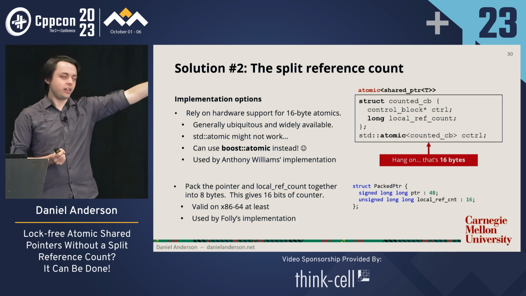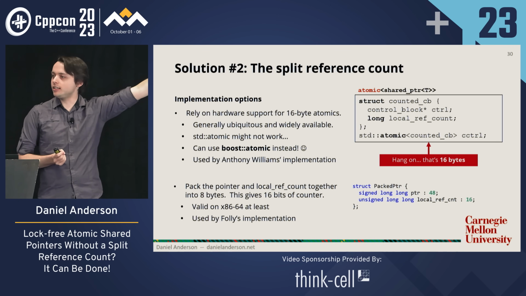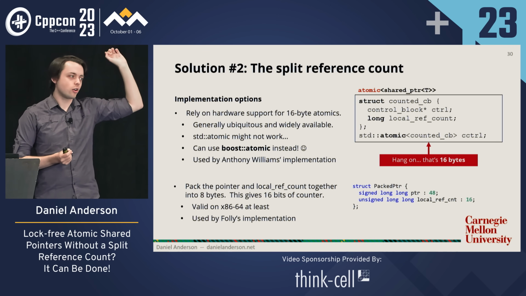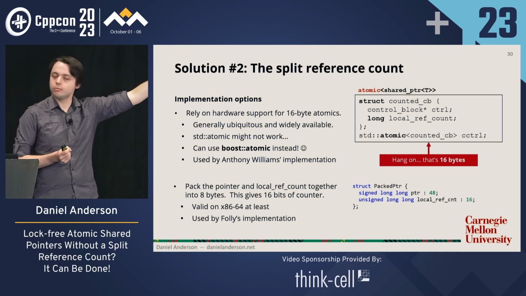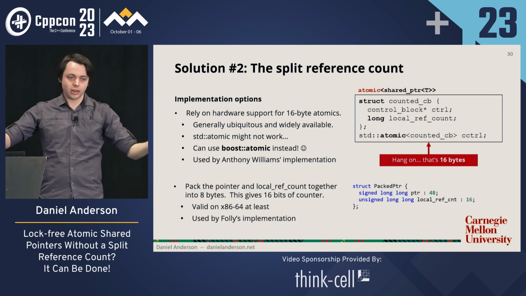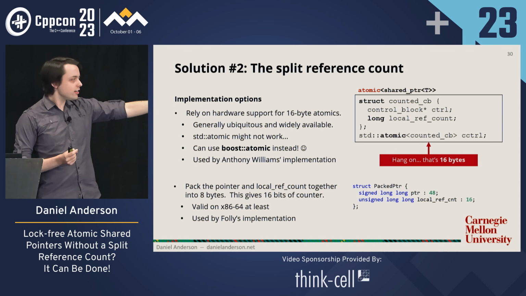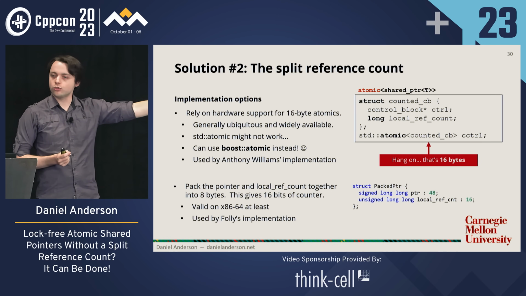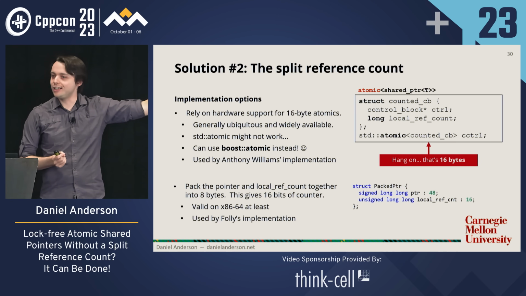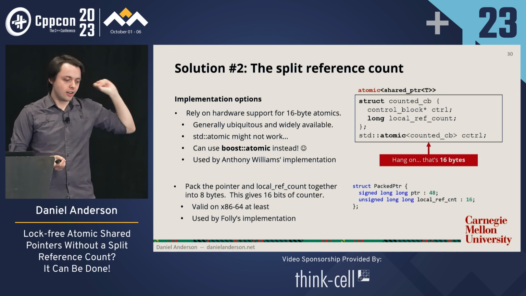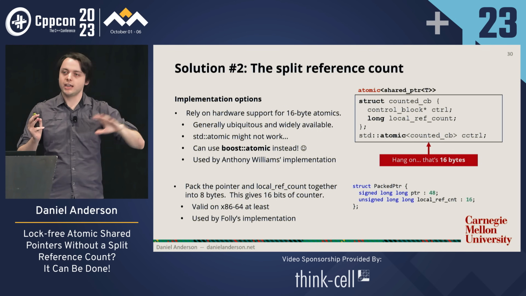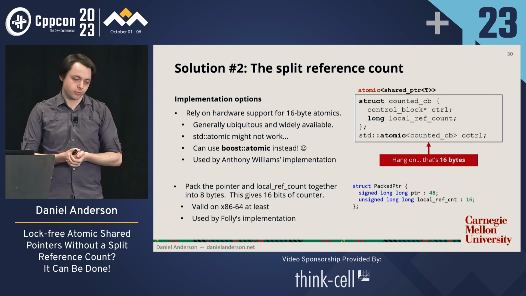So you get 48 bits of pointer and 16 bits of local ref count. This will work on x86 for the foreseeable future, because your virtual address space is only 48 bits worth of pointers. So you're guaranteed for now that those 16 extra bits are usable to you. They're not going to be used.